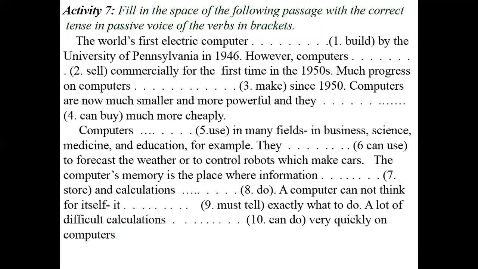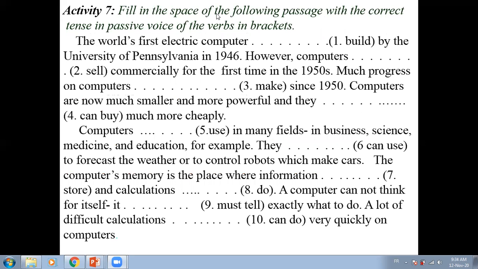Okay, now we move to activity 7. Activity number 7: fill in the spaces of the following passage with the correct tense in passive voice of the verbs in brackets.